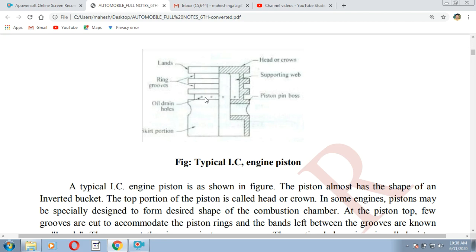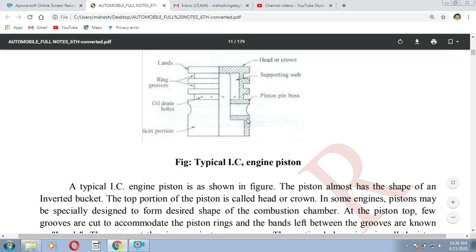Oil holes, we have oil holes in the piston so that we can provide lubricating oil to the cylinder surface as well as the surface of the piston. And piston pins are provided, and the skirt portion of the piston. So this is about the piston.